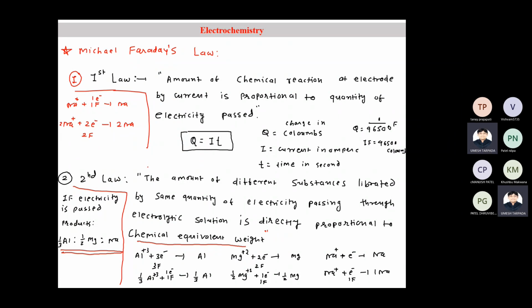So aluminum solution only gives 1/3 mole, magnesium solution gives 1/2 mole, and sodium plus solution gives only 1 mole. So these are the different products, directly proportional to equivalent weight, inversely proportional to charge. Now we will practice certain examples related to Faraday's law, how it is applicable.